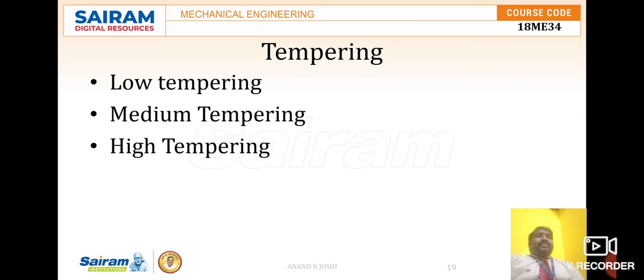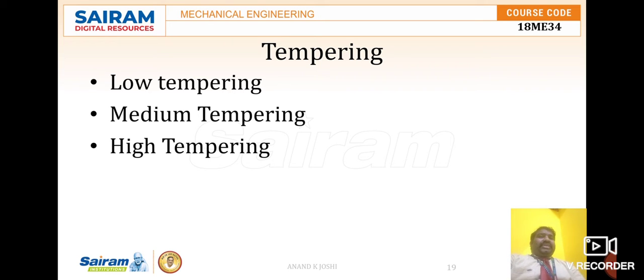The reheating permits the partial transformation of martensite, which relieves the internal stresses. With increasing tempering temperature, the transformation of martensite occurs at a faster rate. Based on that, the reheating temperature is decided within some range.